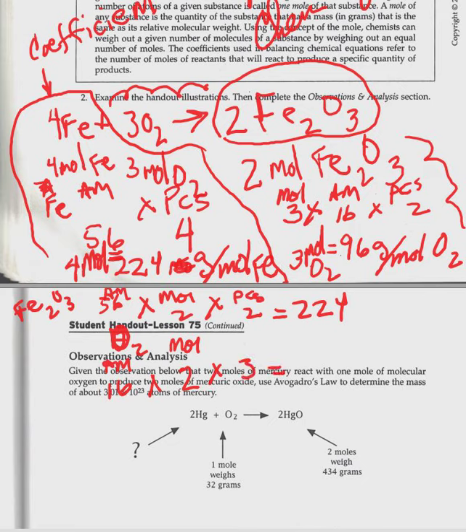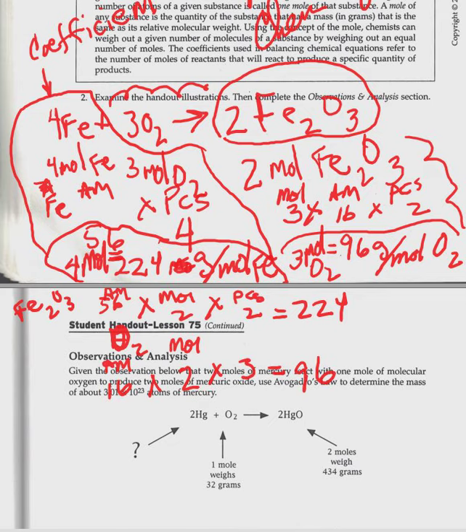So 16 times 2 is 32, times 3 is 96. So we have 224 grams per mole on the reactant side for iron, and 96 grams per mole for oxygen, and we have the same number on the product side.